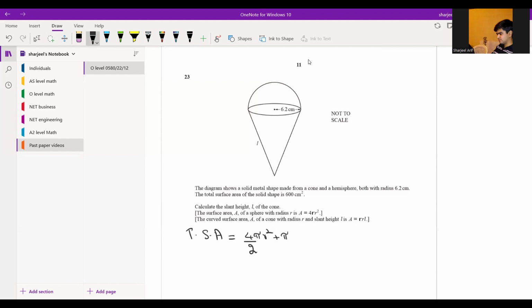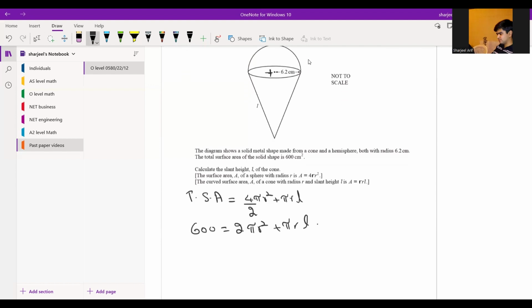In that case, that would be 1 by 2 of 4 pi r square, plus pi rl. Normally, the surface area of the cone is pi r square plus pi rl, but this part is the joining combined part, so we will eliminate that in this question. So the total surface area is 600. It is equal to 2 pi r square plus pi rl.